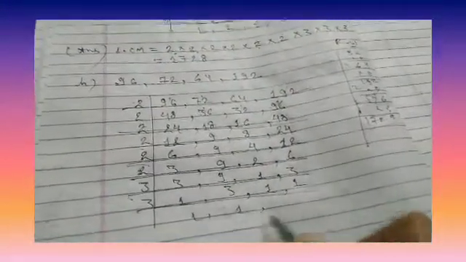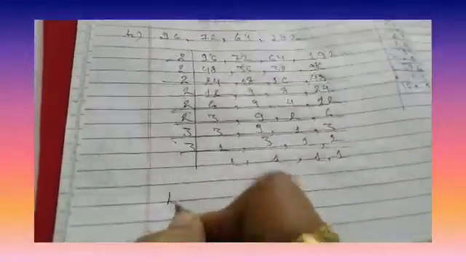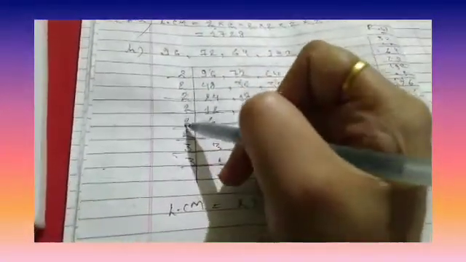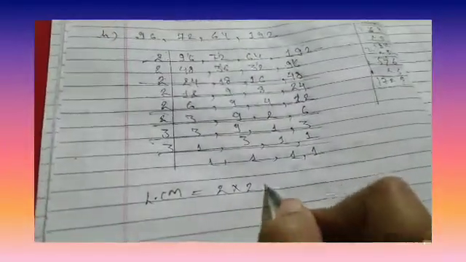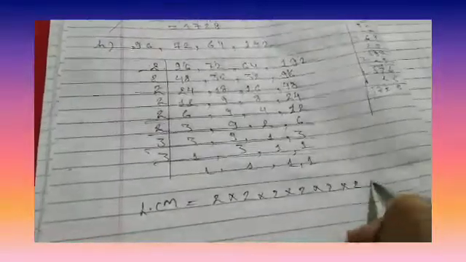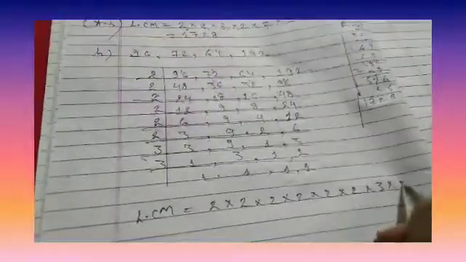With 3 again, 1, 1, 1 and 1. Okay. So LCM is equal to 2 into how many times? 1, 2, 3, 4, 5, 6, 2 six times, into 3 into 3.